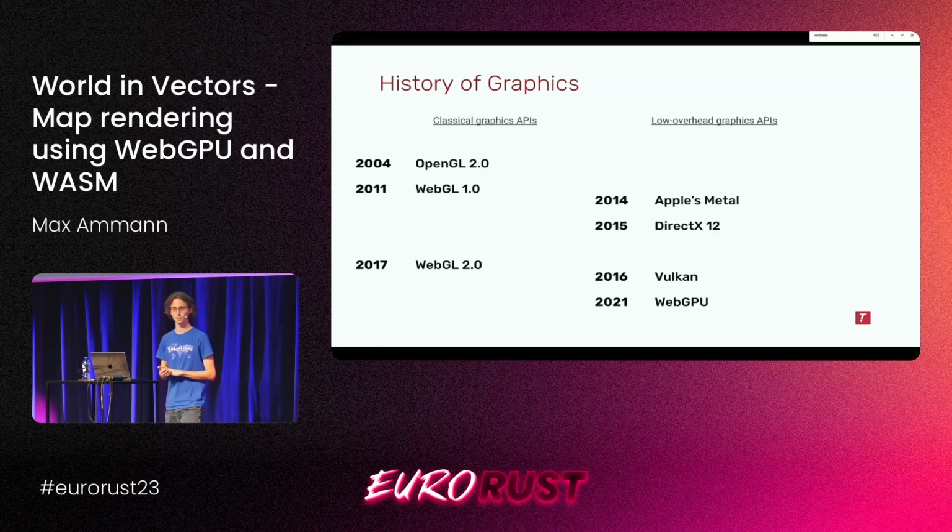Apple started designing a new API for talking to their GPUs, and this influenced a whole bunch of APIs that you know today, for example DirectX or the more open Vulkan. That is all in the same style, and you can call them low overhead graphics APIs, because you need less communication between your CPU and your GPU. That is the reason why WebGPU is here now.